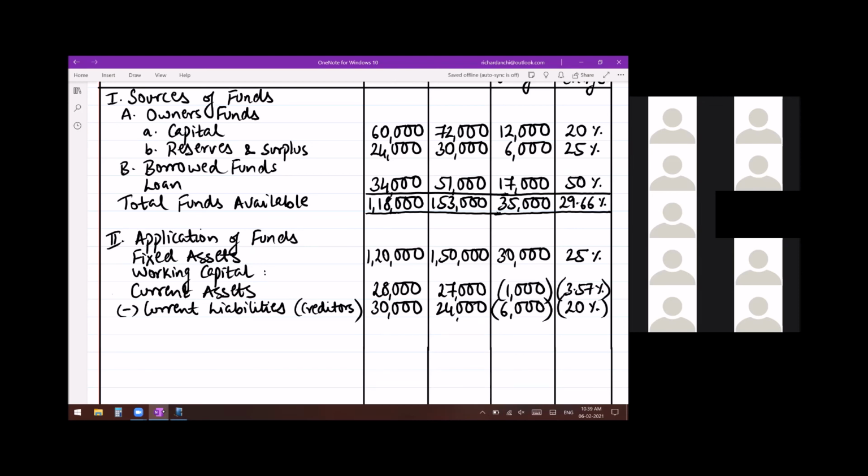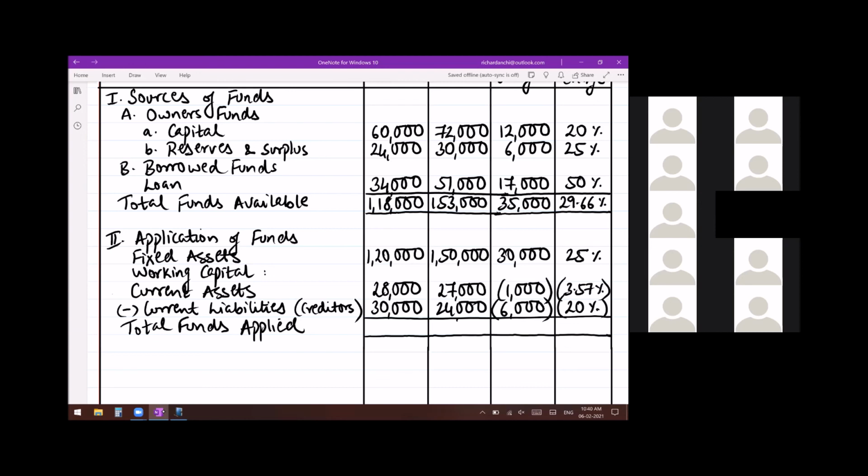That's it. You have finished even the asset side. You are going to add up and write total funds applied. Be very careful, students.